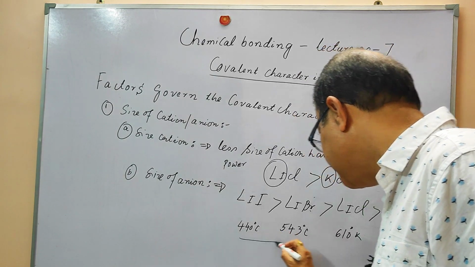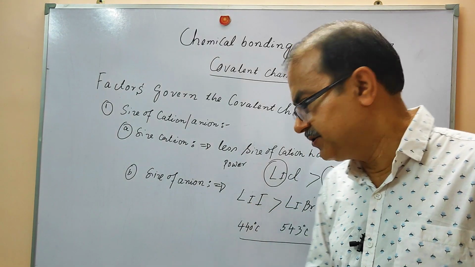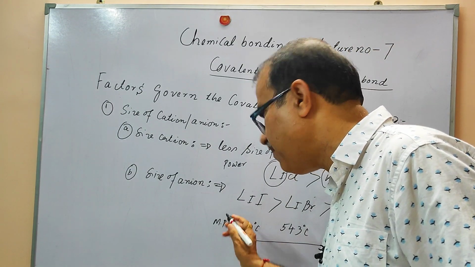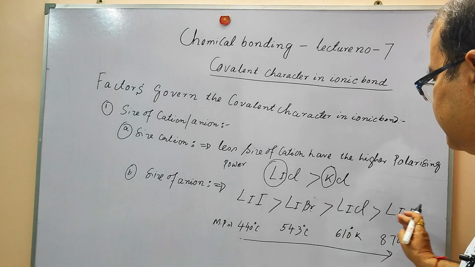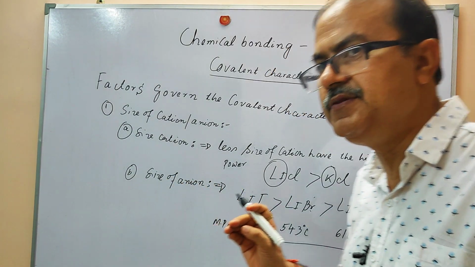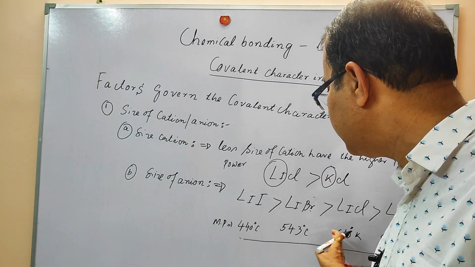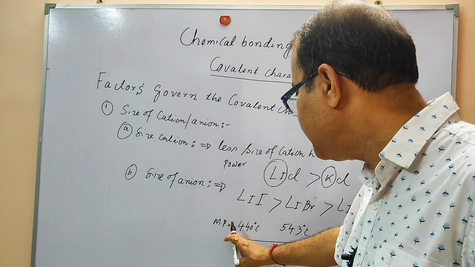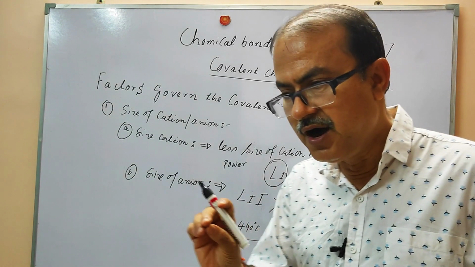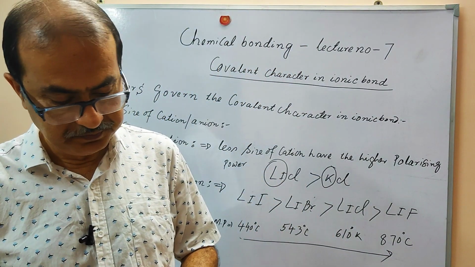So in this way you can see the melting point of these compounds goes on increasing as the ionic percentage in the bond increases. As the covalent character increases, the melting point decreases, and that is how the property of the compound changes.